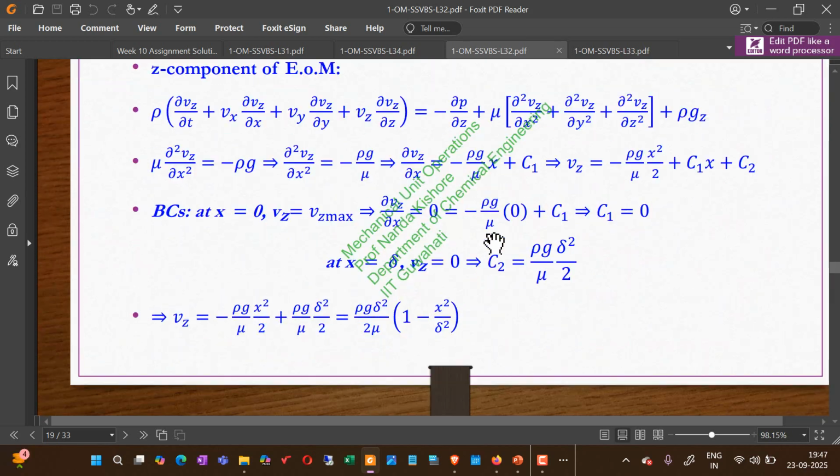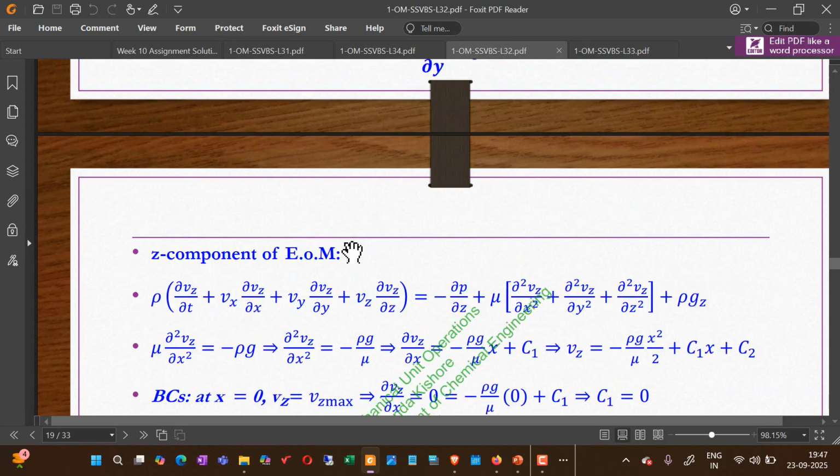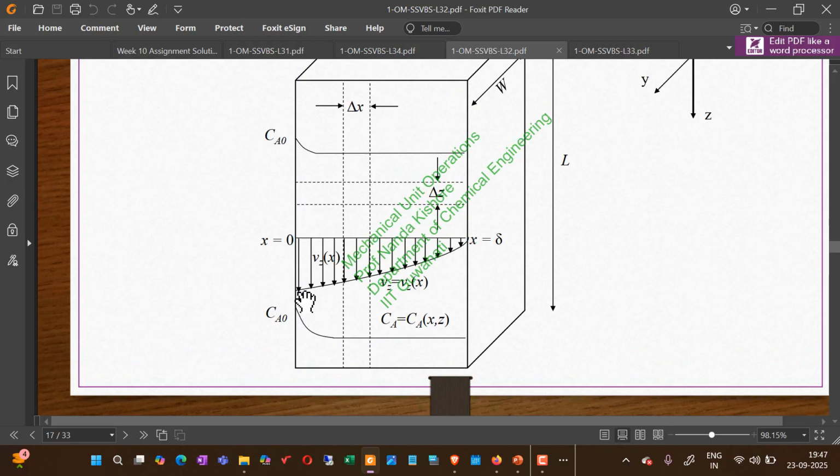Now, this is the expression for Vz that you got, rho g by mu times this. When you calculate Vz, at x equals 0, Vz is maximum. You understand? At x equals 0, Vz will be maximum.